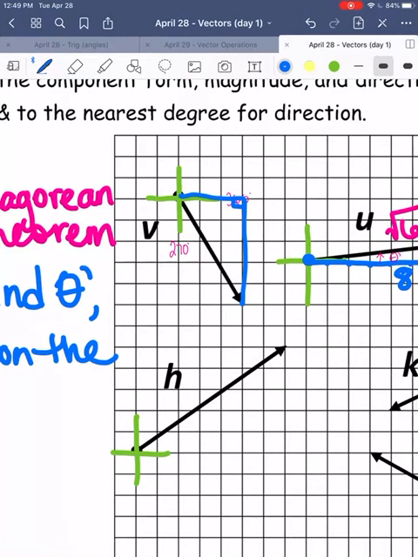Okay, and now we can come up with our components. So let's count the sides. 1, 2, 3 units, and this one is 1, 2, 3, 4, 5 units. Now, when you write it in component form, let's be a little more clear here. We want to go x and then y. So x, we're going to the right, 1, 2, 3 units, and then we're going down. So that 5 really should be negative. Okay?